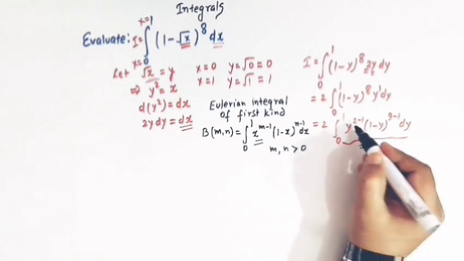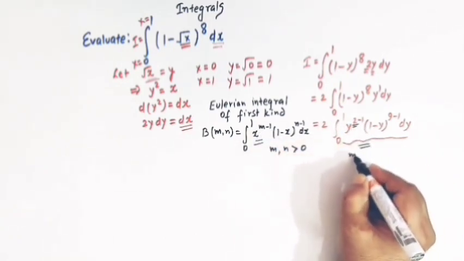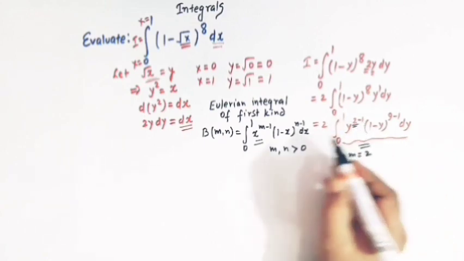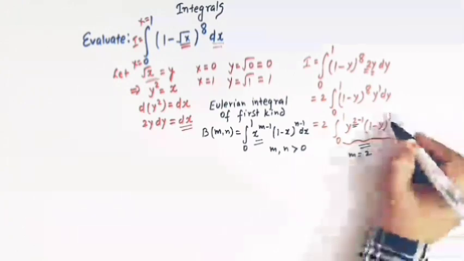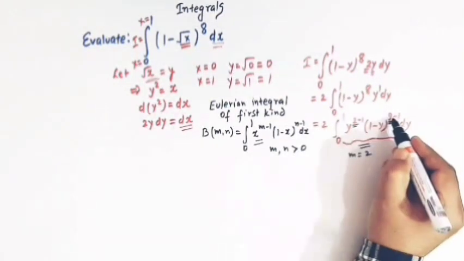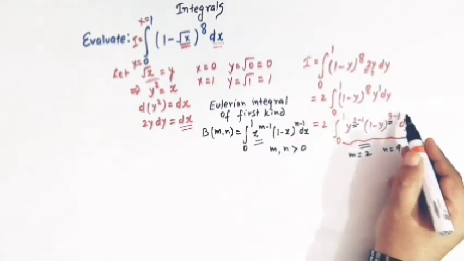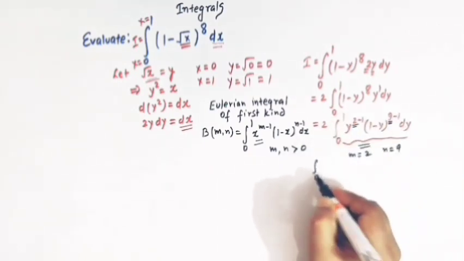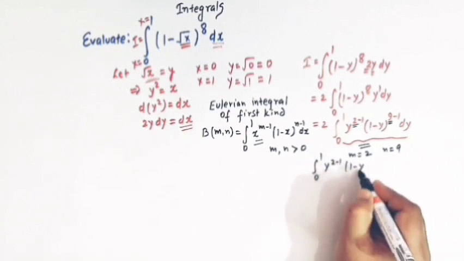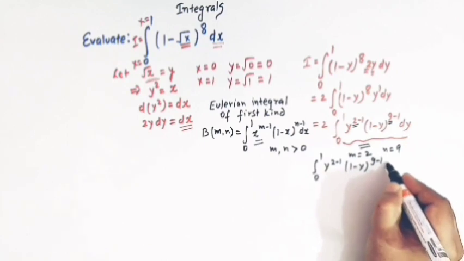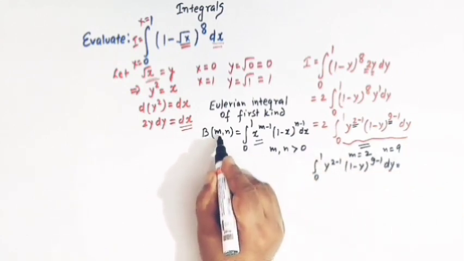except the variable. So here we have y and here we have x, and if we compare this integral with this one, then the value of m is 2. So this is m, and here we have 1 minus x, here we have 1 minus y, and the value of n is 9. So we have now this integral, 0 to 1, y raised to 2 minus 1, 1 minus y raised to 9 minus 1 dy is equal to beta of mn.